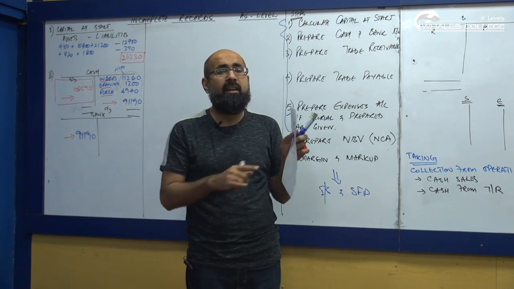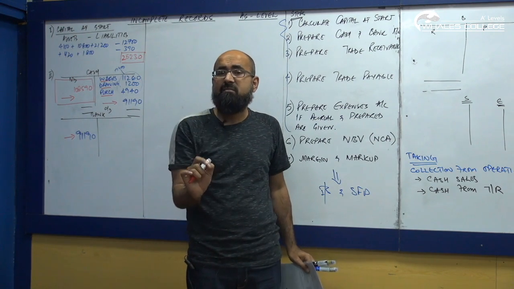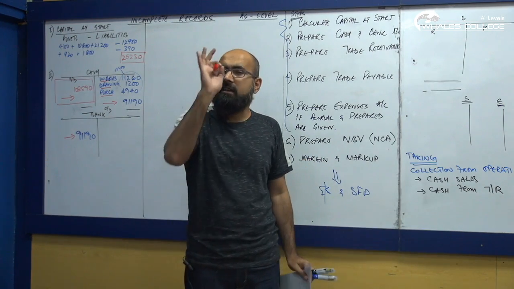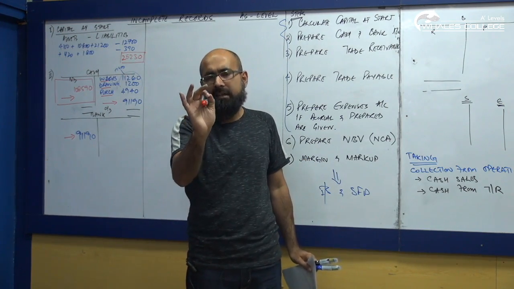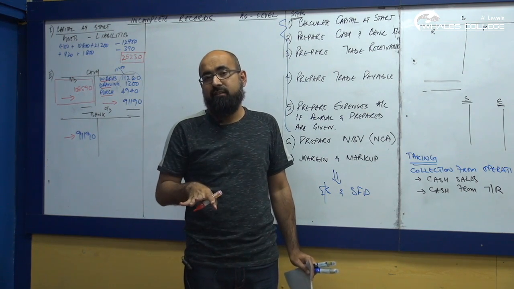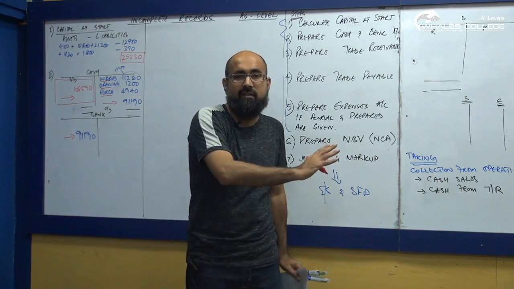If receivable exists, it means at least they made the credit sale. We don't know about cash sales, but at least in this business we are dealing with credit sales, because receivable exists in the question. The receivable arises because of credit sales.